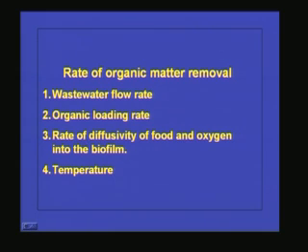We have seen how the microorganisms are utilizing the organic matter. First, it has to come and get attached to the microbial cells, then it has to enter through the cell wall and go into the cell, and only then will the metabolic activity take place.